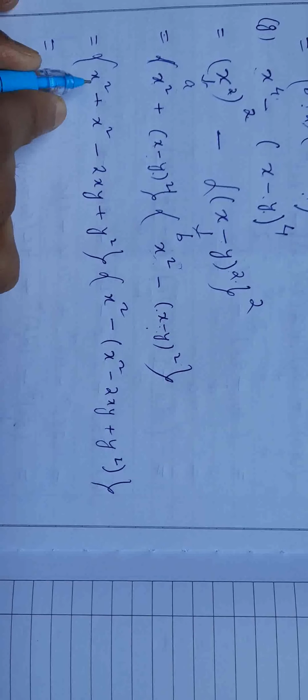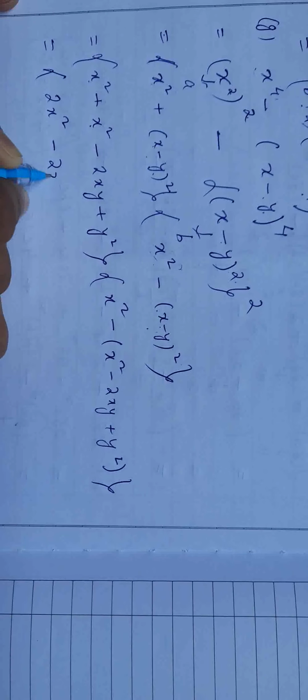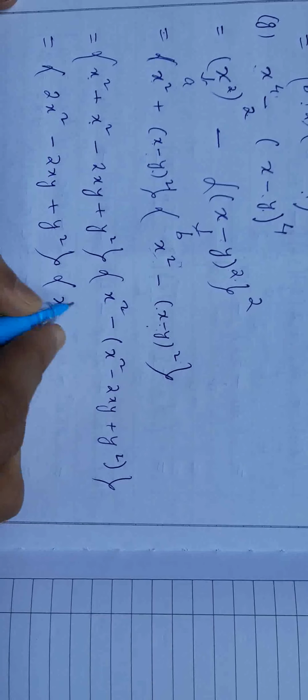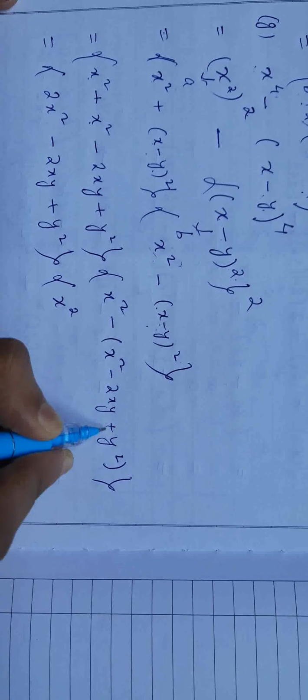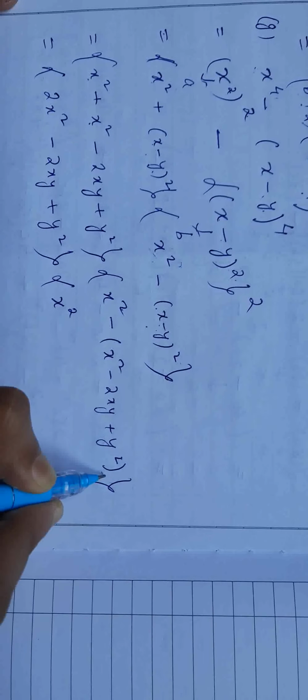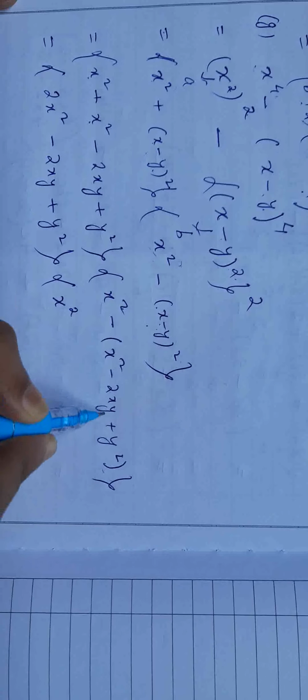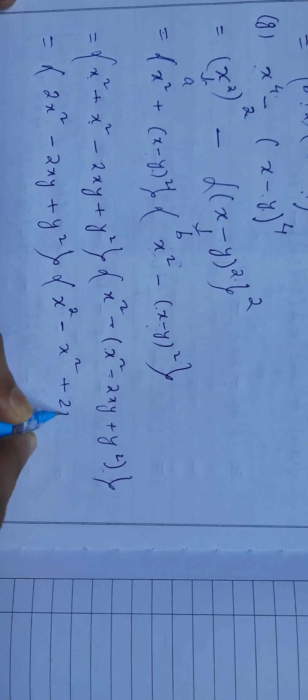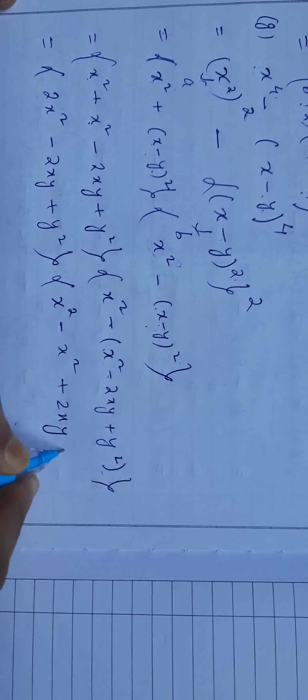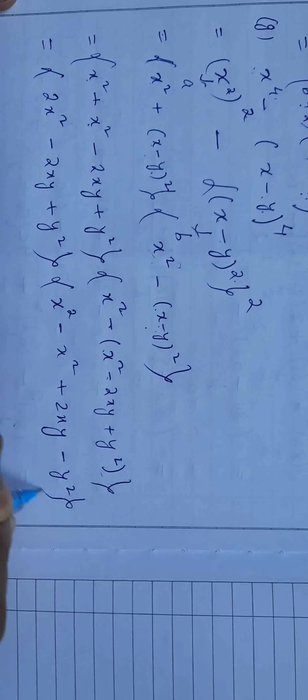Therefore, x square plus x square is 2x square minus 2xy plus y square, and then x square, this minus will multiply all the three terms inside the bracket. Since there is a bracket, that means it is multiplication. So minus will multiply all the three terms. Here it is plus, so plus into minus is minus, so minus x square. Minus into minus plus, plus 2xy. Minus into plus, minus, so it is minus y square.